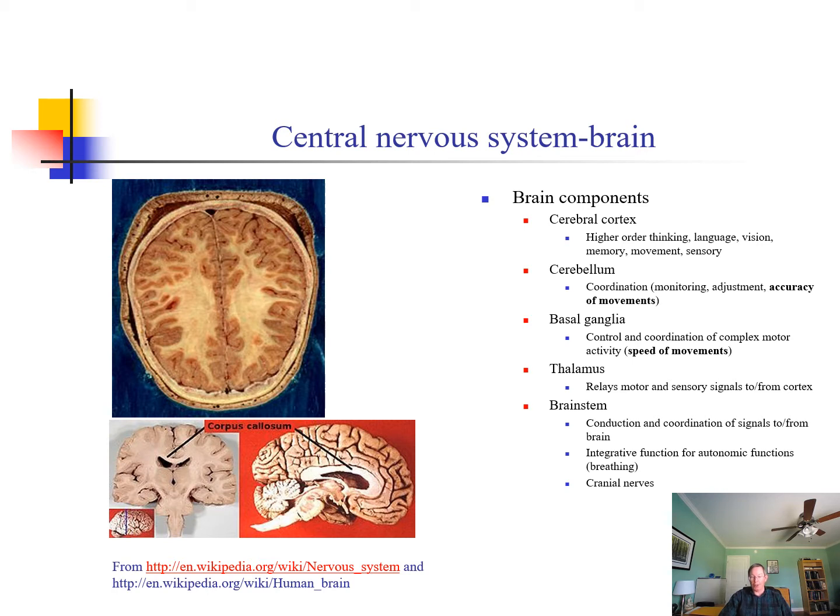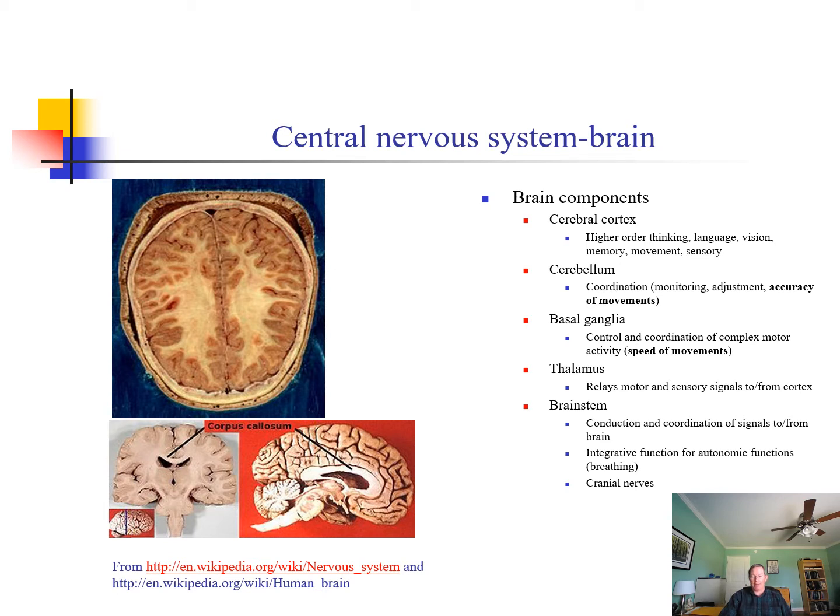You can also see the white matter in the other slices, particularly the corpus callosum, as you are moving down in the other views. Now, the brain is comprised of several different components. By far, the largest bulk is the cerebral cortex, which is associated with a lot of functions such as higher order thinking, language, vision, memory, movement, my sensory strip.